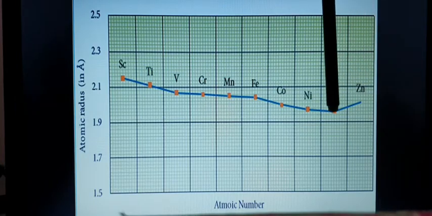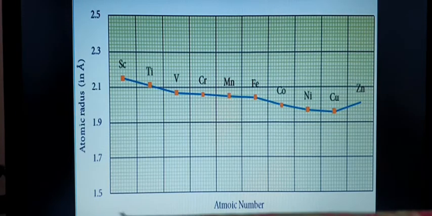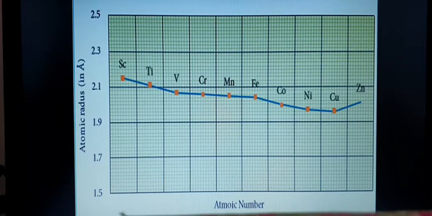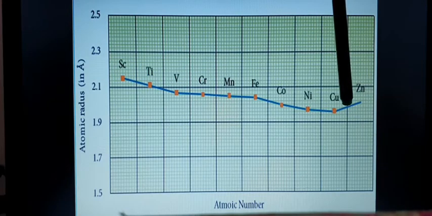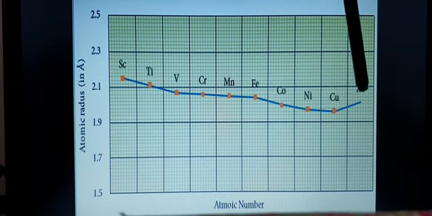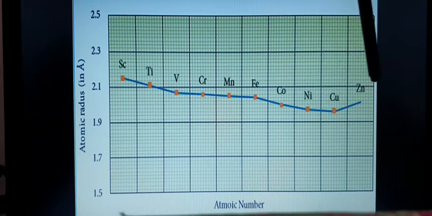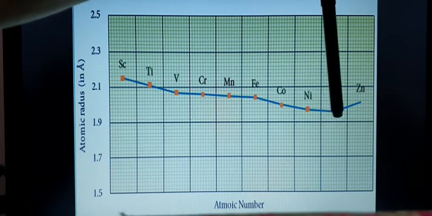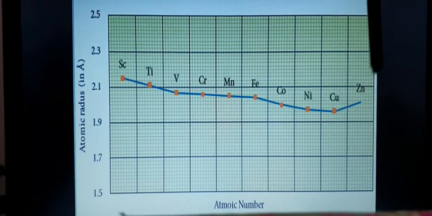At the end, it suddenly increases for zinc because the 3d electrons are completely filled at the end of the series. That 3d electron repels the 4s electron very strongly, so the repulsive force overcomes the attractive force of the nucleus. The repulsive force between 3d electron and 4s electron increases.